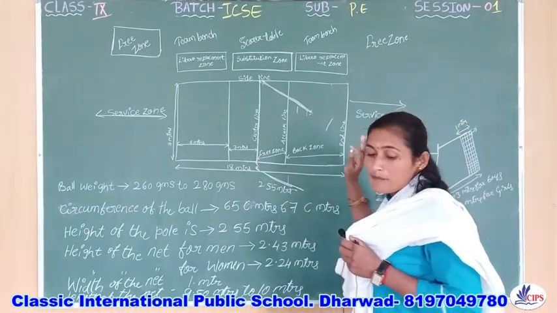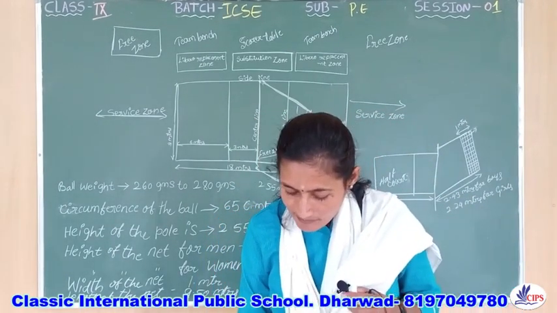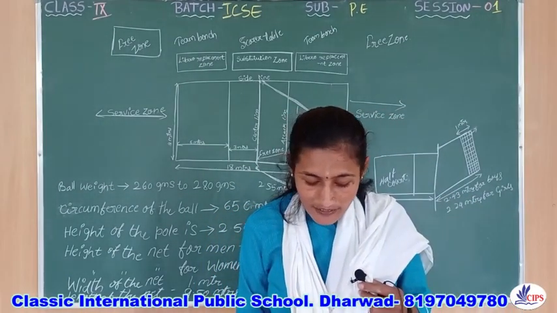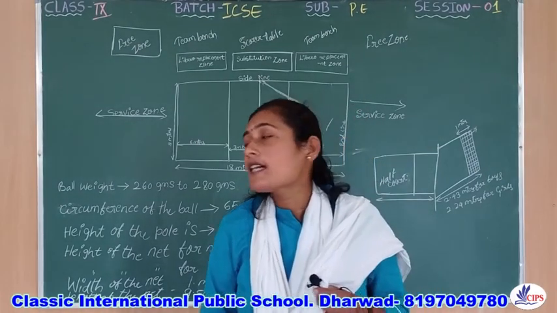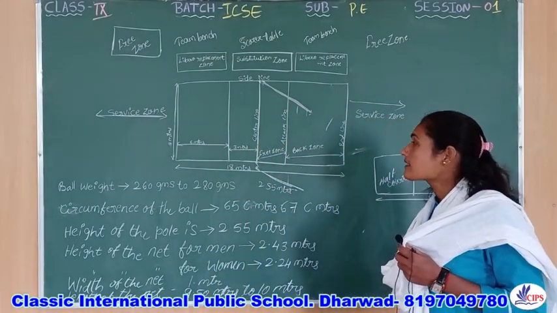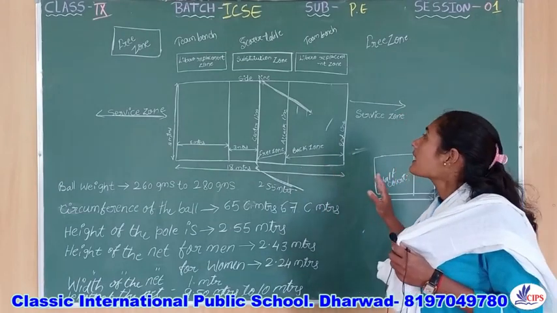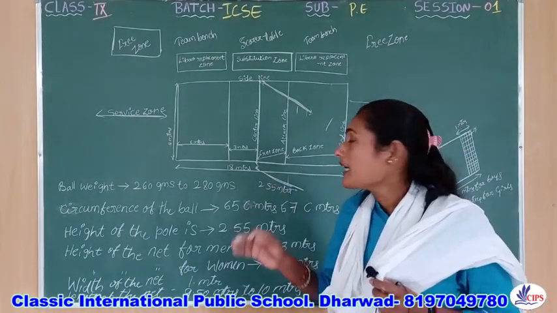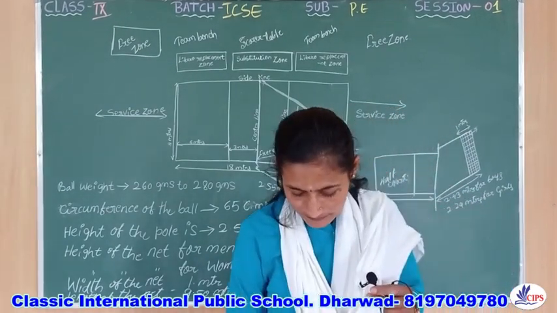Each team tries to score points by grounding the ball on the other team's court under organized rules. There are certain rules for volleyball. We cannot cross the rules. According to the rules, we are going to play volleyball.